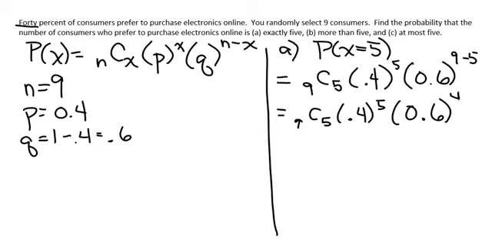And 9 minus 5 is 4. Now I'm going to use a calculator to calculate the combination of 9 choose 5, and that's going to give me 126.